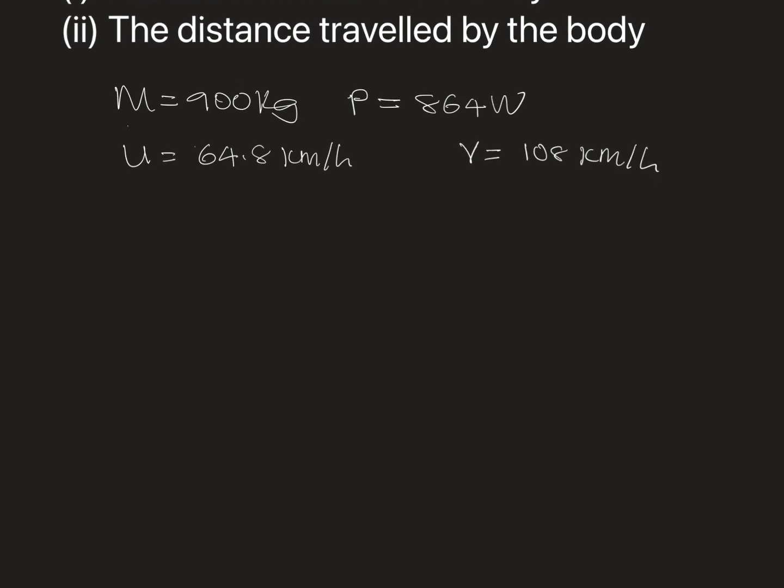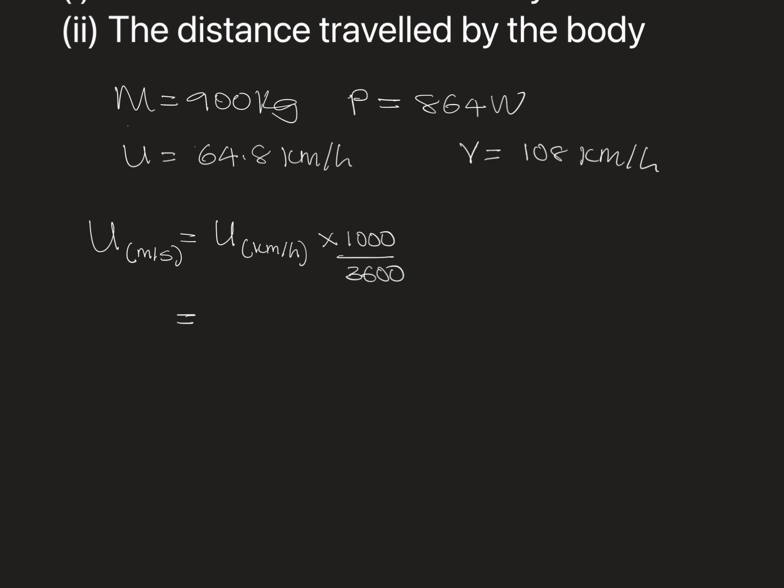Okay, so I'm having velocities in kilometers per hour, so I need to convert them to meters per second. For the initial velocity in meters per second, I will take the initial velocity in kilometers per hour, first multiply by 1000, then divide by 3600.